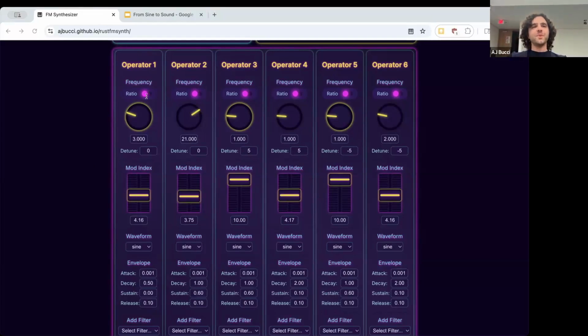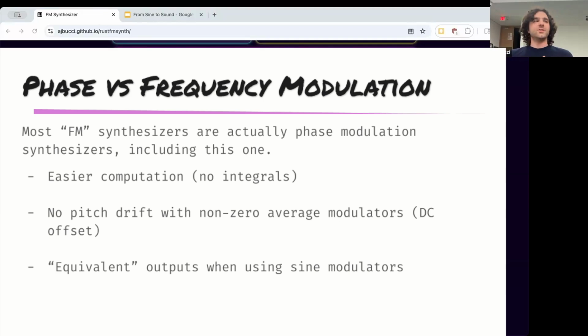Okay. So if y'all have been paying attention, you'll notice I talked a lot about modifying phase and not about modifying frequency. That's because most FM synths are actually not frequency modulators, they're phase modulators. And the reason for that is because, one, with sine waves, there's no difference.